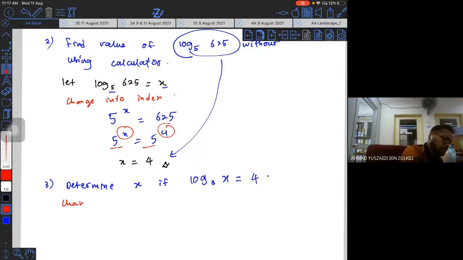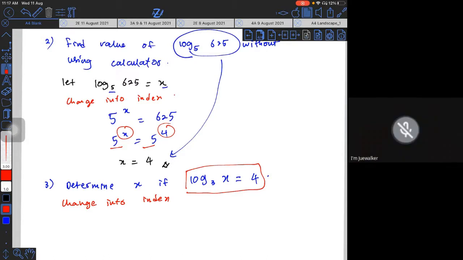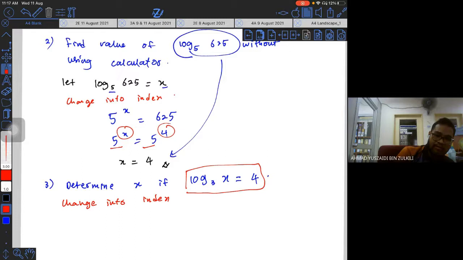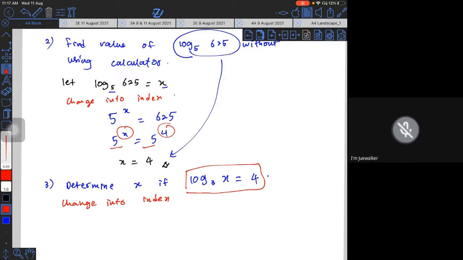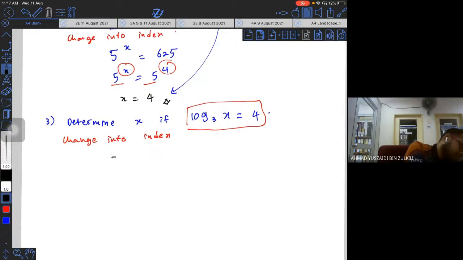Okay, what is the index form for this one? Apa index form dia? 3 to the power of 4 equal to x. Okay, and then you just press your calculator je lah. 3 to the power of 4 equal to what?